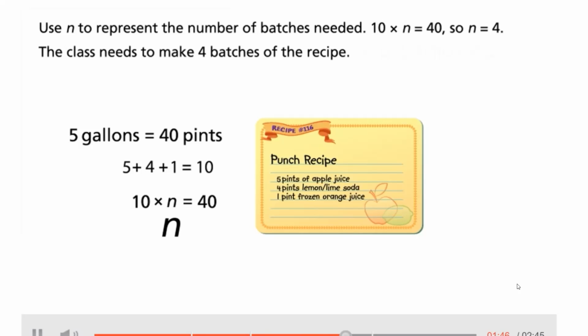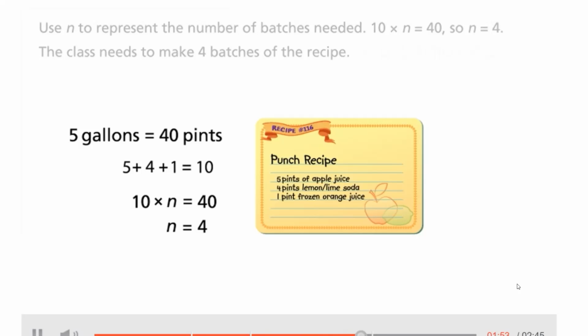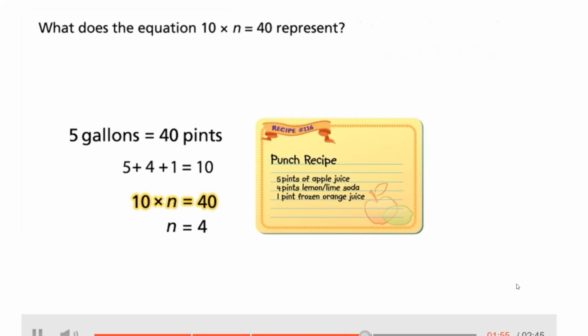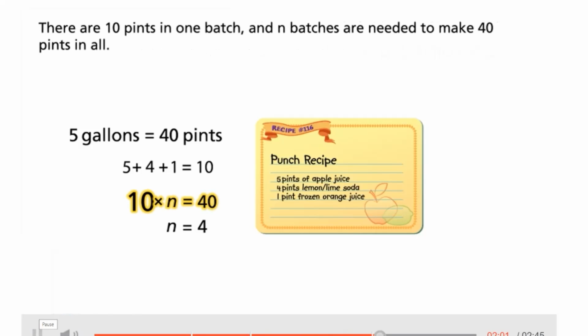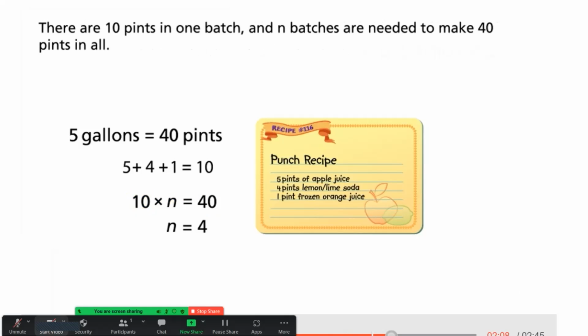So n equals 4. The class needs to make 4 batches of the recipe. What does the equation 10 times n equals 40 represent? There are 10 pints in one batch, and n batches are needed to make 40 pints in all.